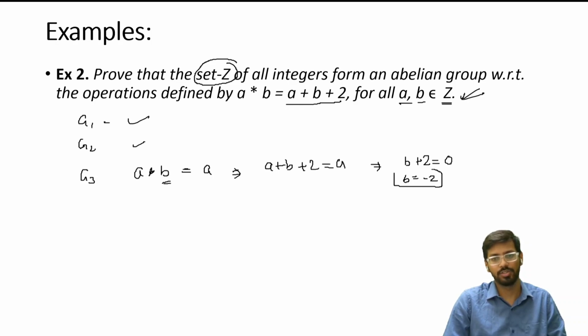So here minus 2 is the identity element, and minus 2 belongs to Z, because the given set is Z, so the identity element also lies in the same set G.